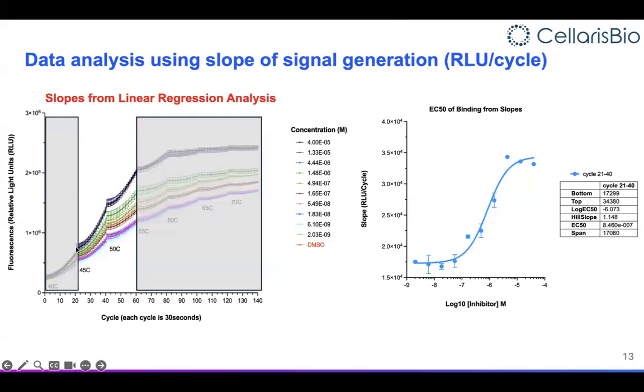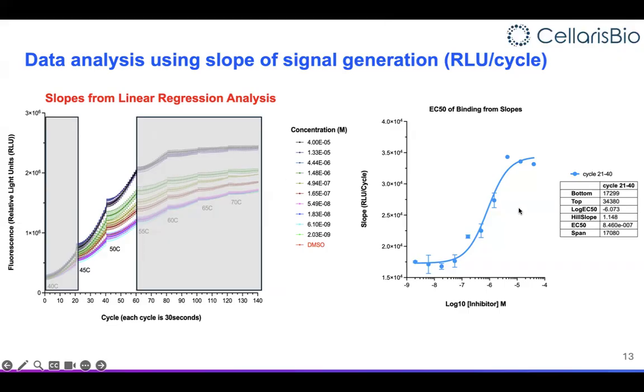And so what we can do is use linear regression analysis to identify the slope from 45 to 55 degrees, and then plot that on the y-axis, versus the concentration of the test ligand or of the inhibitor being tested.